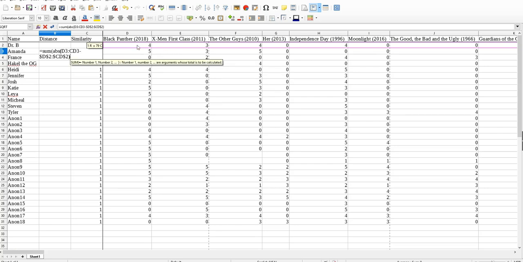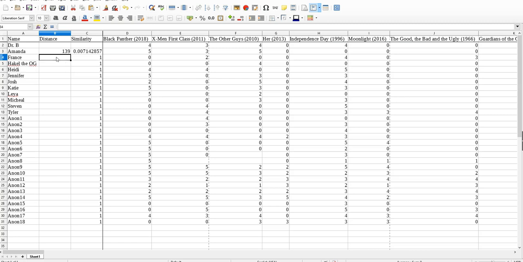This will look at each one individually: a difference of 1 for Black Panther, a difference of 0 for X-Men First Class, a difference of 1 for the other guys. Absolute value is just saying if I rated it 1 higher or if she rated it 1 higher, it doesn't matter which order we subtract in. We always want the positive version of that. So this is our general idea for this distance measurement.